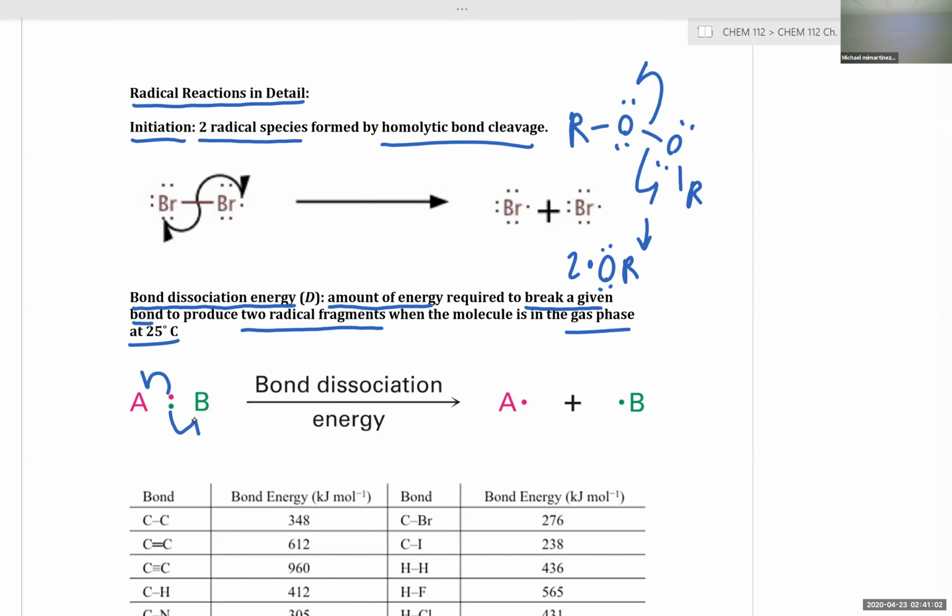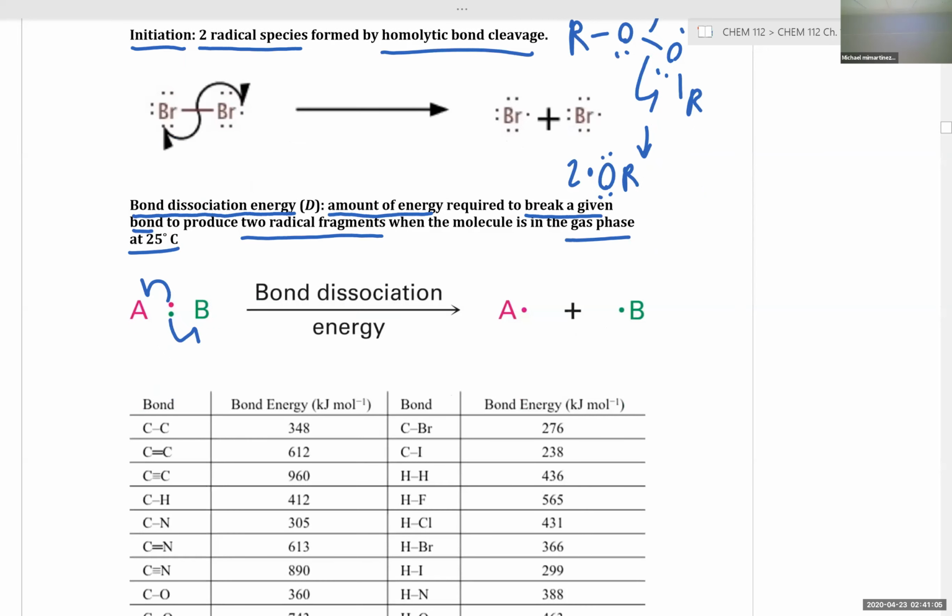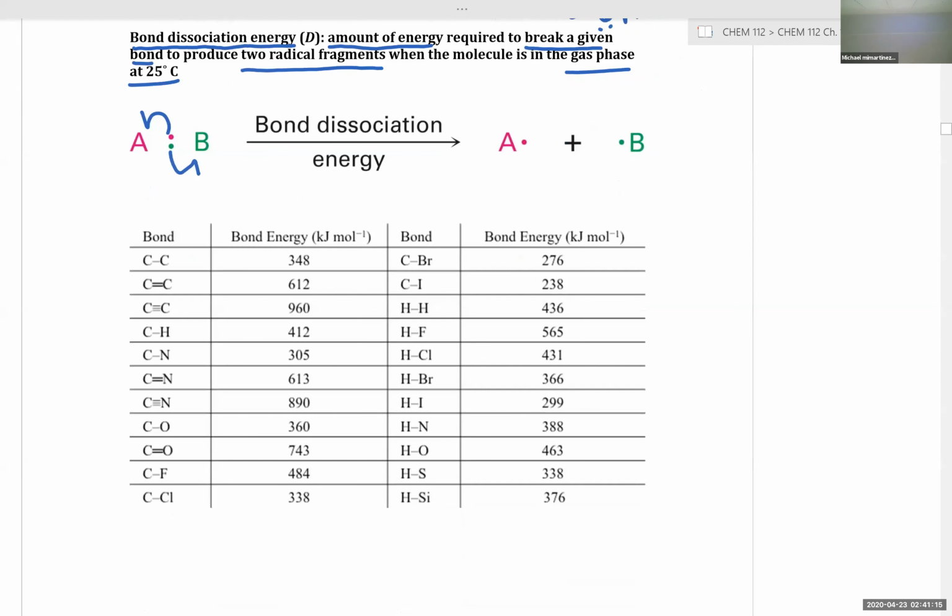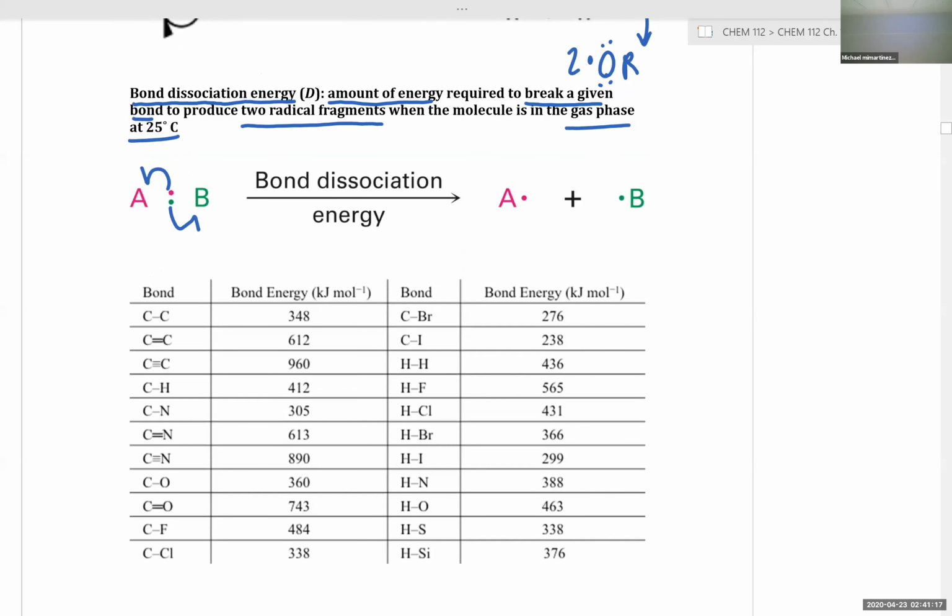You should have seen bond dissociation energy in 101 or 102, your general chemistry sequence. And we'll be talking a little bit about bond dissociation energy and how it relates to chemical reactions in organic. Here is a table of bond dissociation energies for your reference, as we're going to use these bond dissociation energies to calculate and estimate the enthalpy of a reaction.